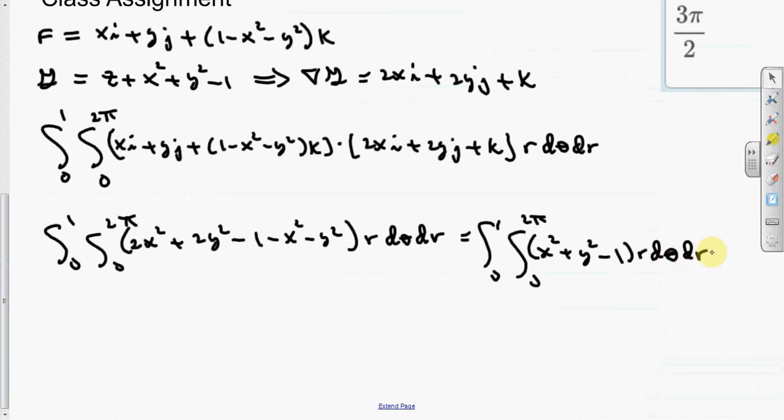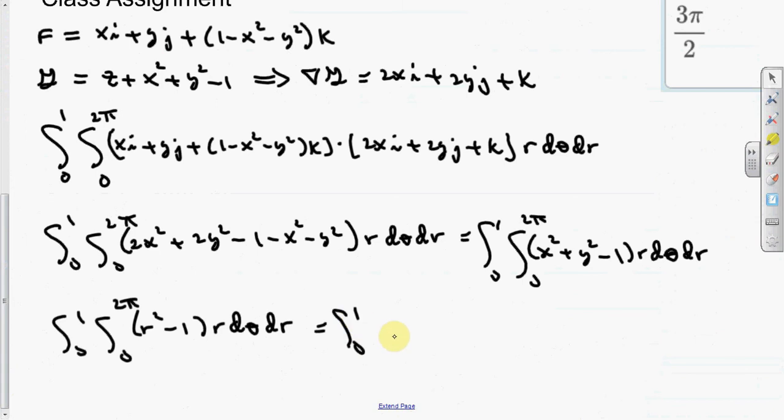So the x squared plus y squared just becomes r squared. So this is r squared minus 1 times r d theta dr, double integral from 0 to 1, integral from 0 to 2 pi. This is r to the third minus r d theta dr. Integrate with respect to theta.